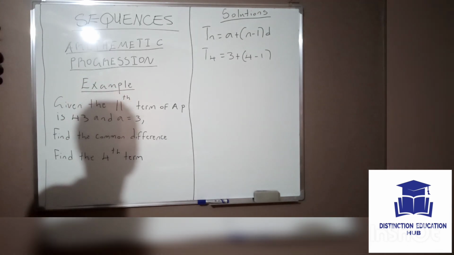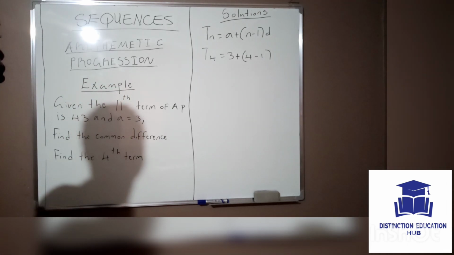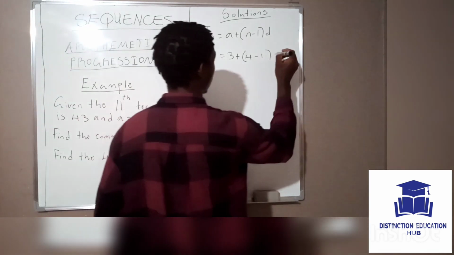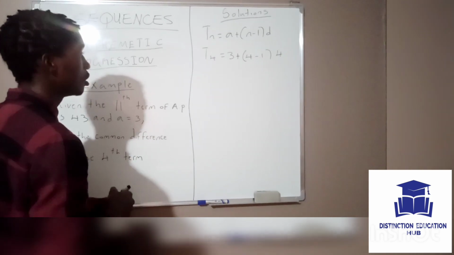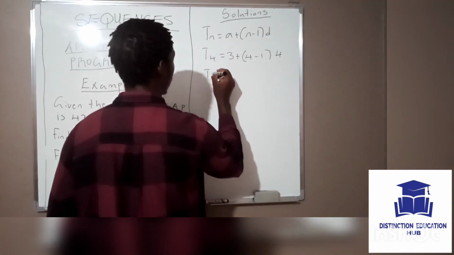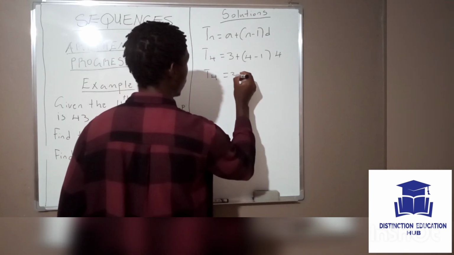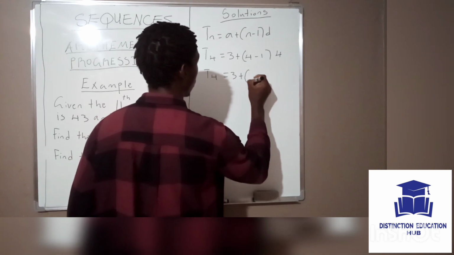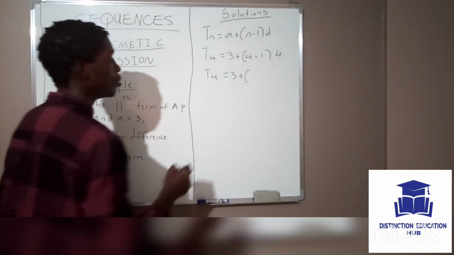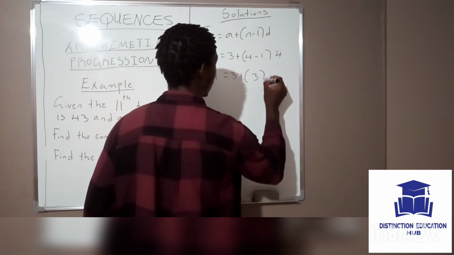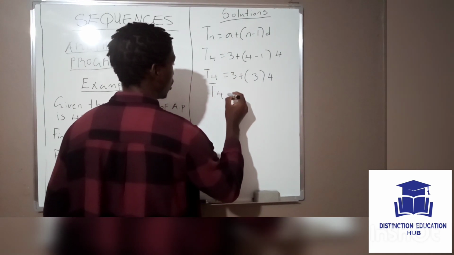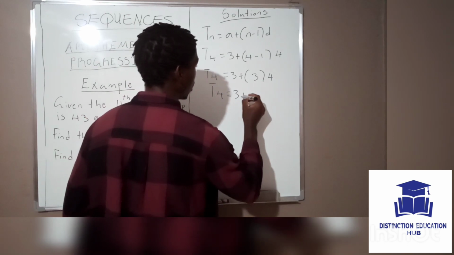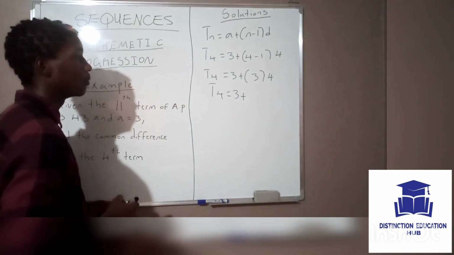What was our common difference? Our common difference was 4. Then you continue with your calculations. You say T4 is equal to 3 plus, what is 4 minus 1? You have 3. Close brackets, 4. Continue, T4 is equal to 3 plus 4 times 3.